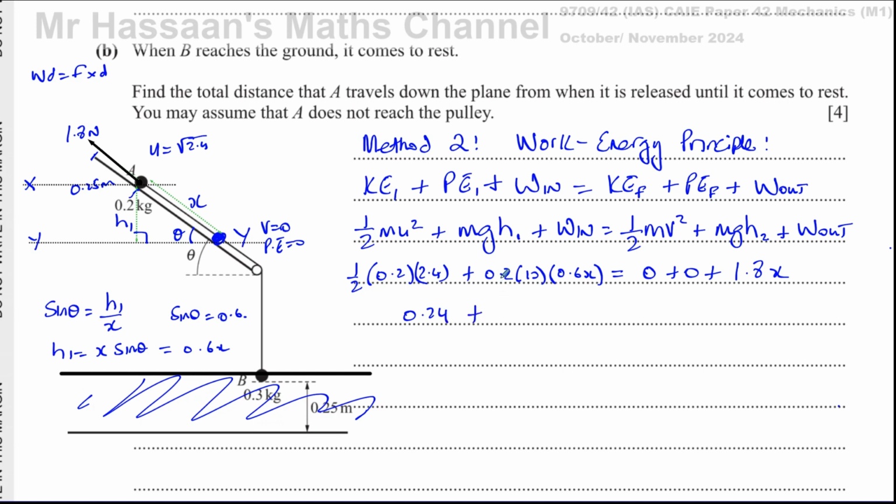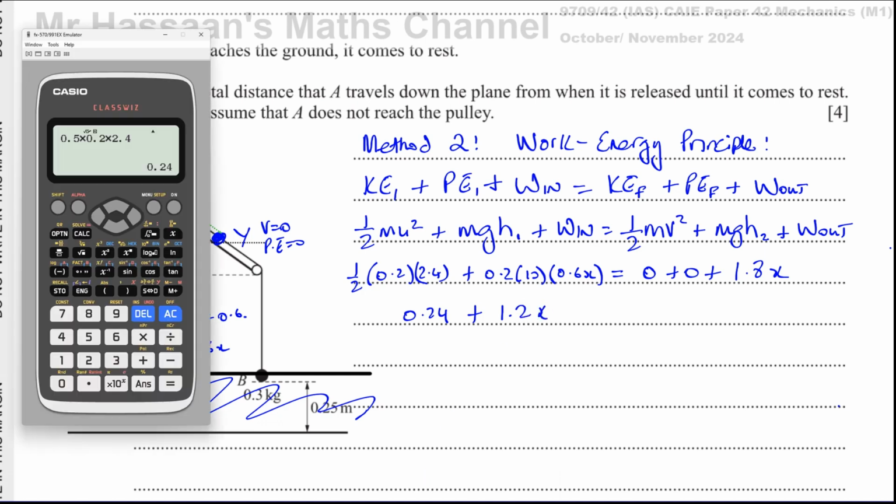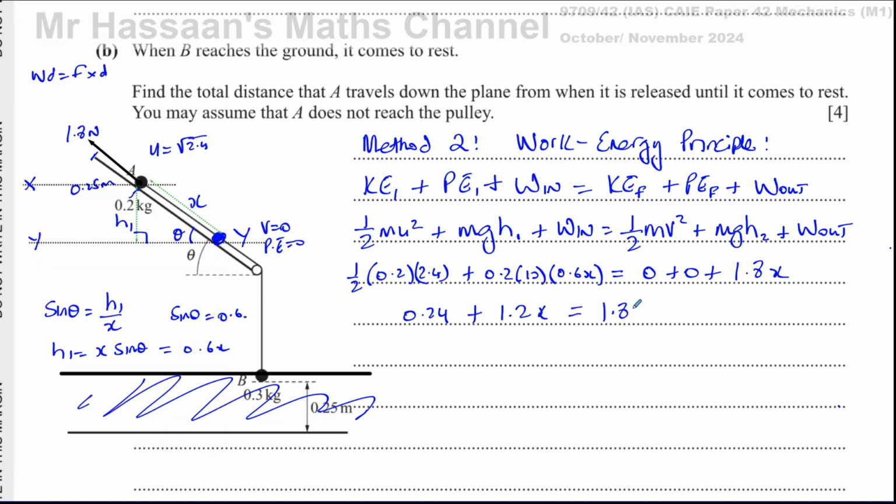Plus, we have 0.2 times 6, which is 1.2x. Just in case I've done something silly, let me make sure. We have 0.2 times 10, which is 2, times 0.6, which should be 1.2. That's right. Okay, equals, and we have here 1.8x.